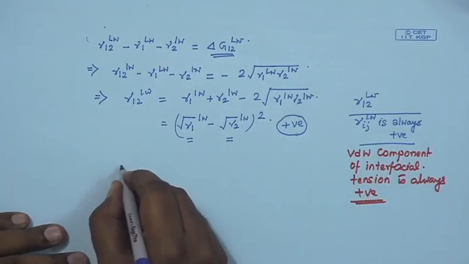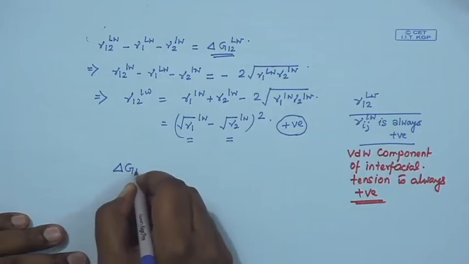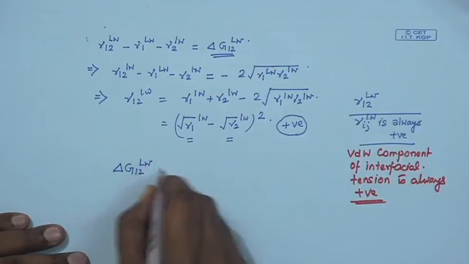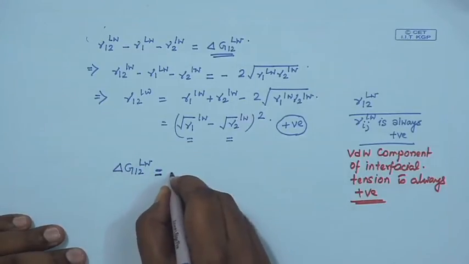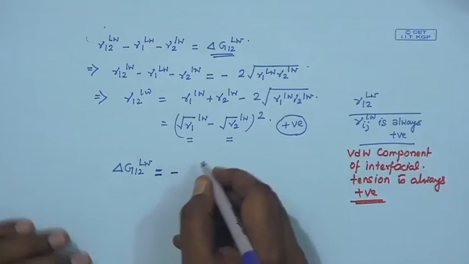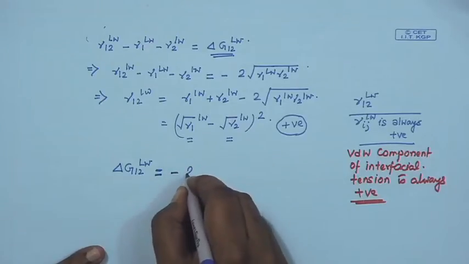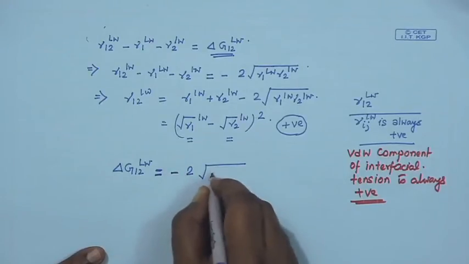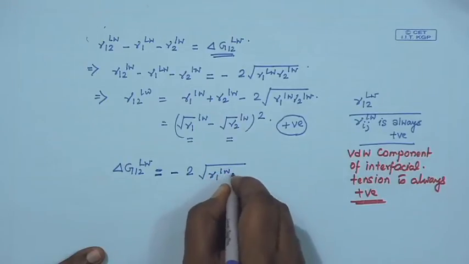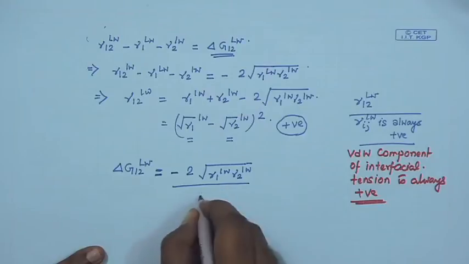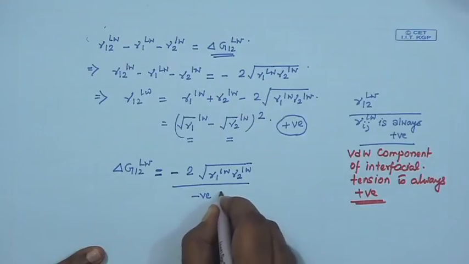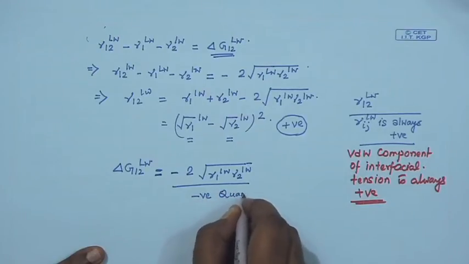Consequence of that is, if you recall again, we got in the previous slide, or one can also straight away say that the expression of delta G1 2 LW is this, and this is always a negative number. So, what does it mean?